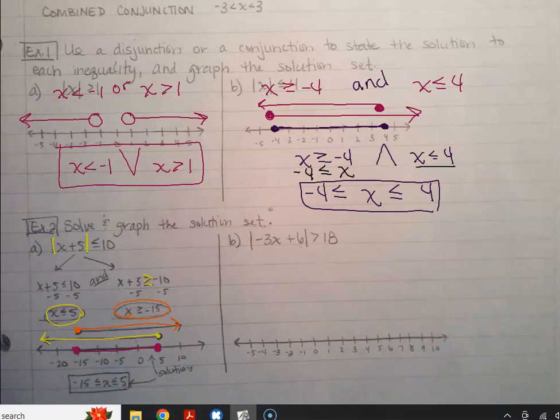Okay, so is this one ready to split into two parts? Is the absolute value isolated? Is there anything else outside the absolute value? No, so it's ready to split. Okay, so Cheyenne, give me one of the equations.